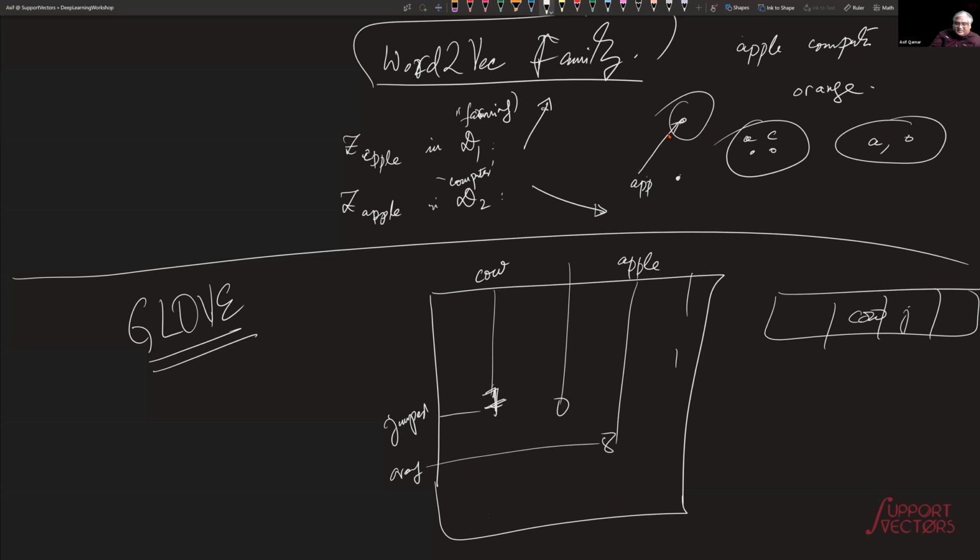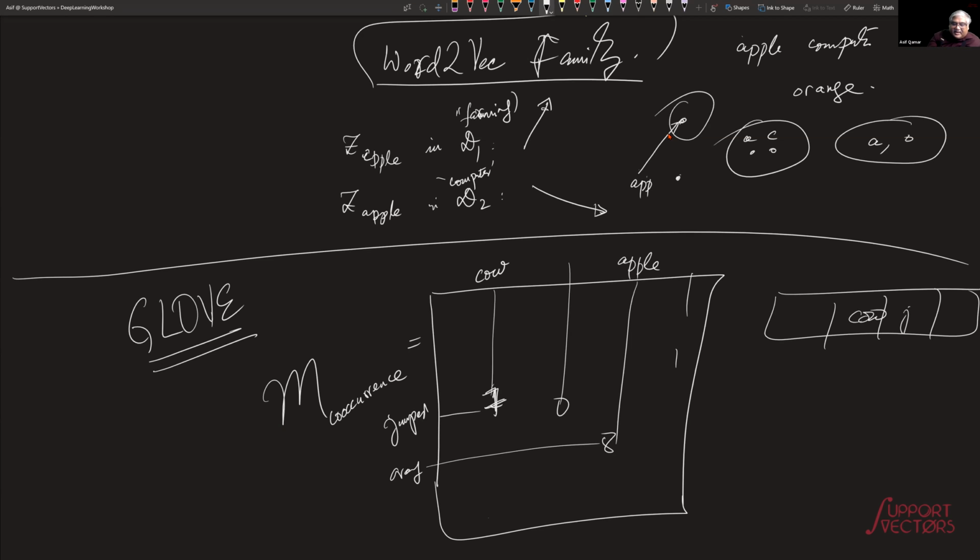So this is called the co-occurrence matrix. In the glove literature, they tend to use the word X for co-occurrence, but let me use M for co-occurrence matrix. Is the meaning of co-occurrence clear?